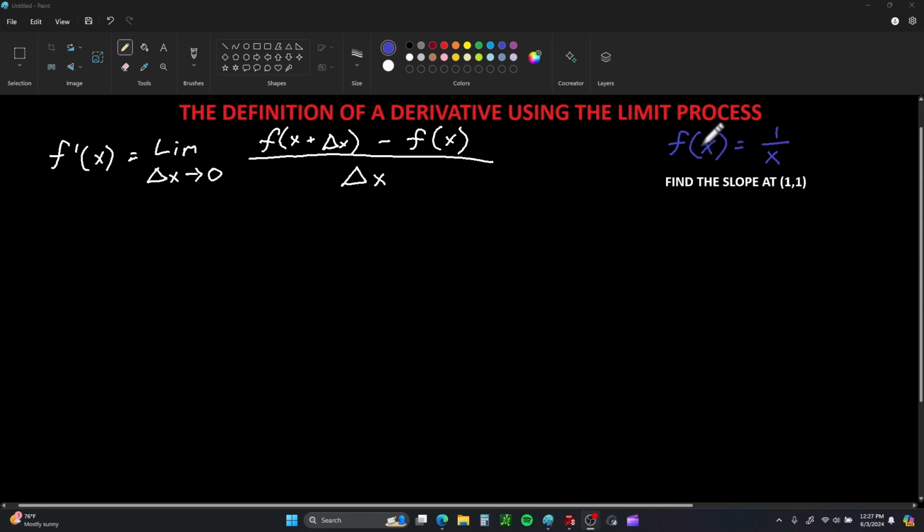In this problem, we're given the function f of x is going to be 1 over x, and we're asked to find the slope at 1 comma 1.